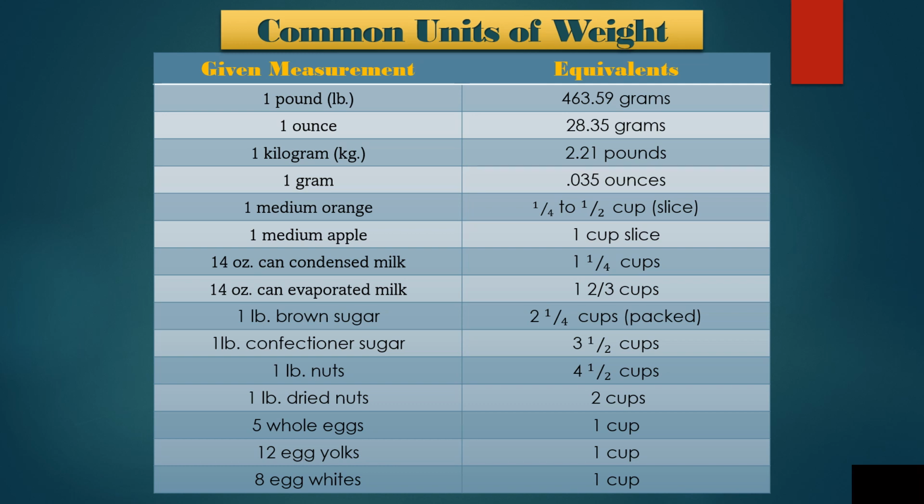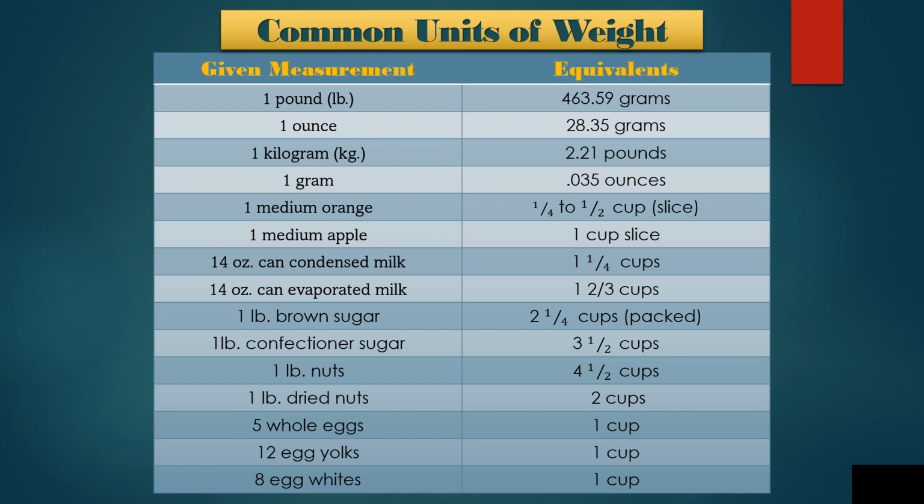And then 1 pound confectioner sugar is equivalent to 3.5 cups. And then 1 pound nuts is equivalent to 4.5 cups. Okay, so 1 pound dried nuts is equivalent to 2 cups, and then 5 whole eggs is equivalent to 1 cup, and then 8 egg whites is equivalent to 1 cup.